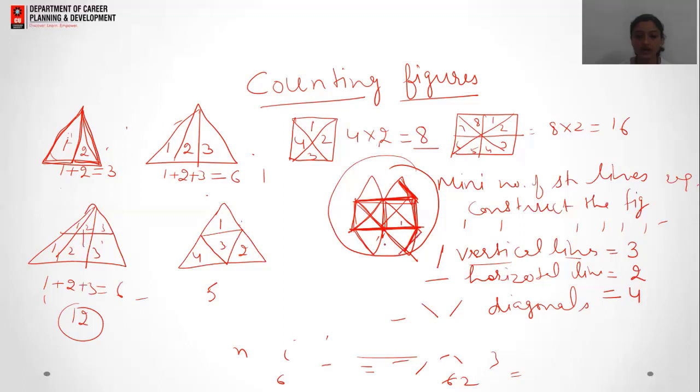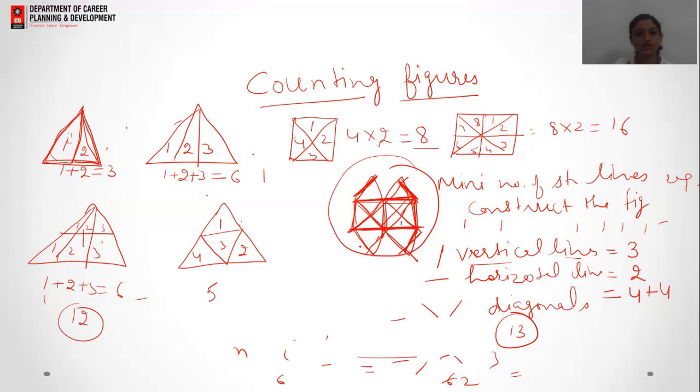Similarly, 1, 2, 3, and 4. 4 on this side. So in total, 13 means minimum number of straight lines that are required to construct the figure, that are 13. So minimum 13 straight lines are required to construct the figure.